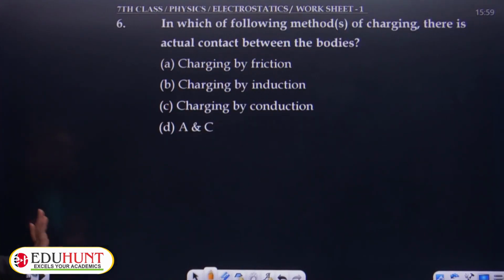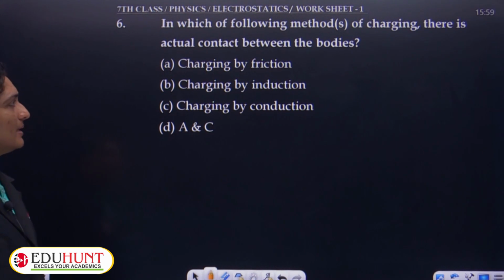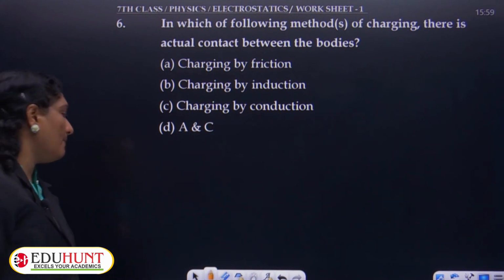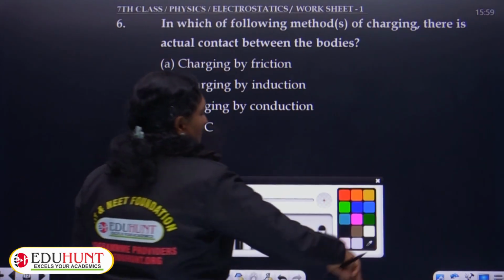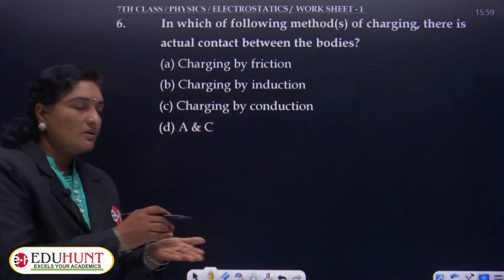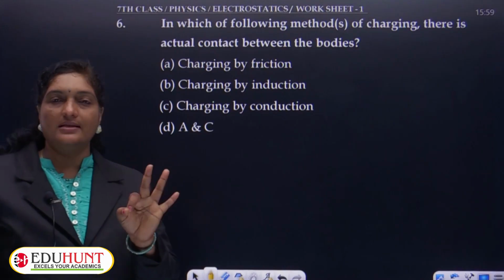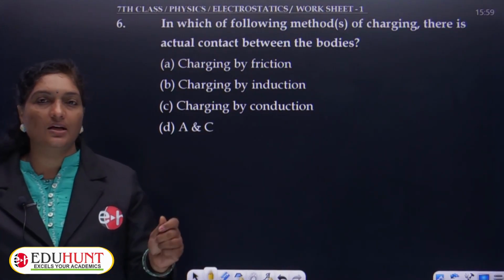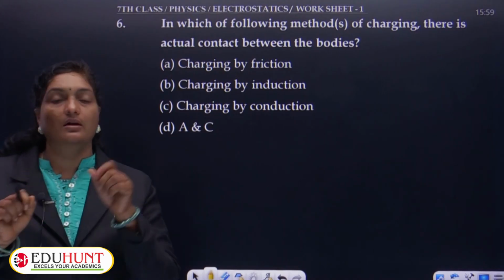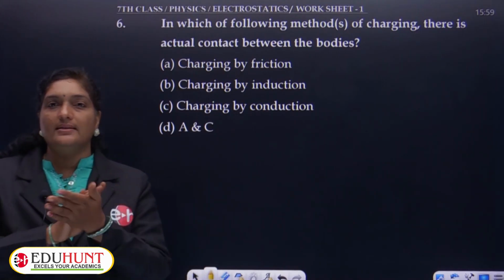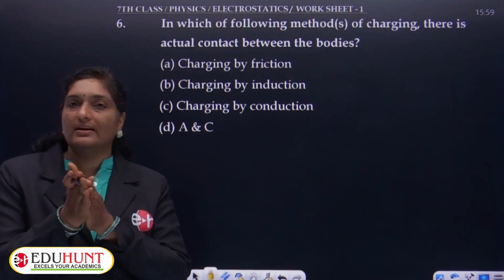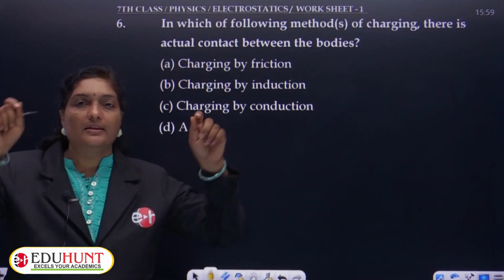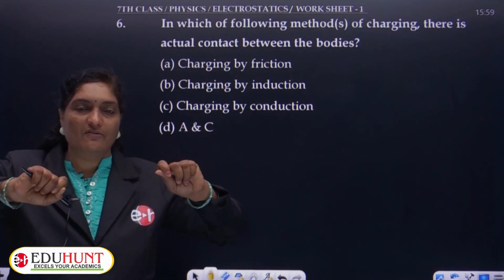Well, in which of the following methods of charging is there actual contact between the bodies? So, what are the methods where the actual contact is? We have 3 methods of charging: the method of friction, the method of induction, and the method of conduction. In the method of friction, 2 bodies are brought in contact. In the method of induction, both are kept apart from each other.